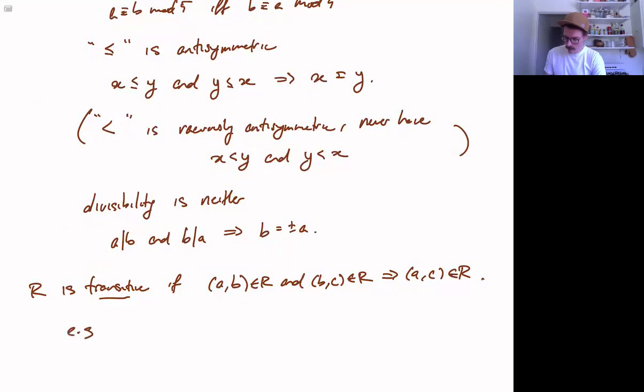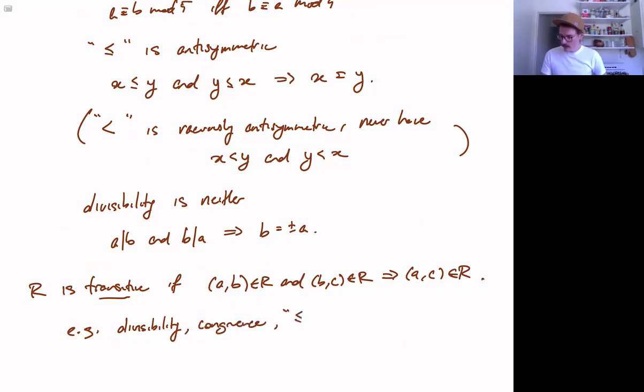In fact, all of the examples that we've seen so far are transitive. Divisibility, because if a divides b and b divides c, then a divides c. That is true. Congruence: if a is congruent to b and b is congruent to c, then a must be congruent to c.